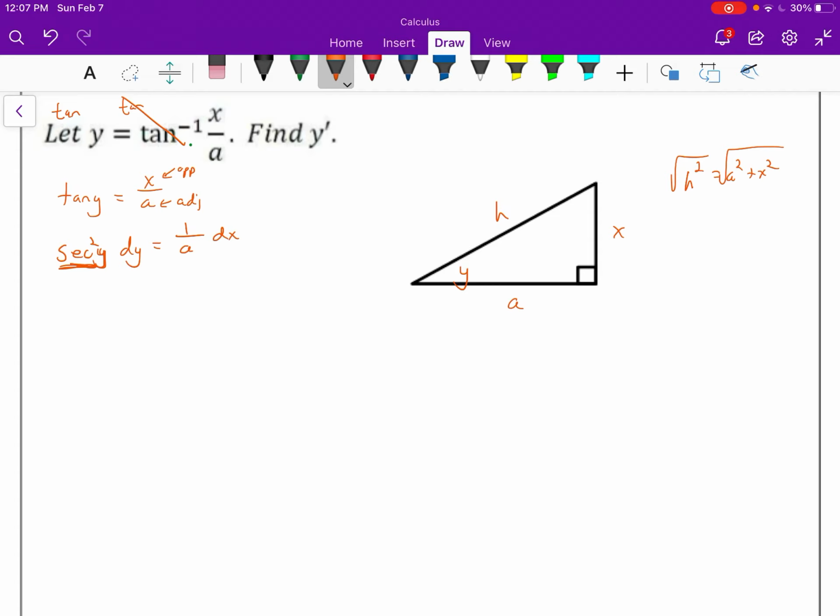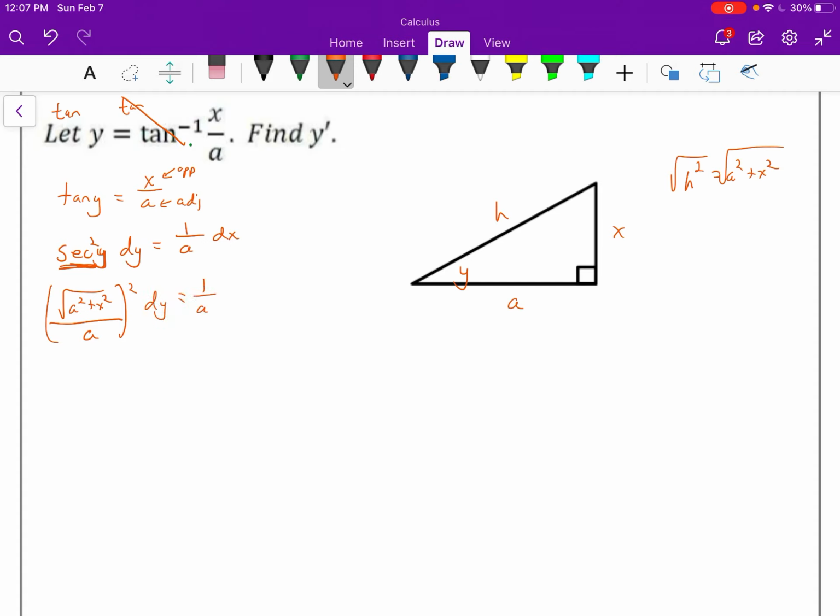The hypotenuse is the square root of a squared plus x squared over a. But it's secant squared, so this whole thing is squared.